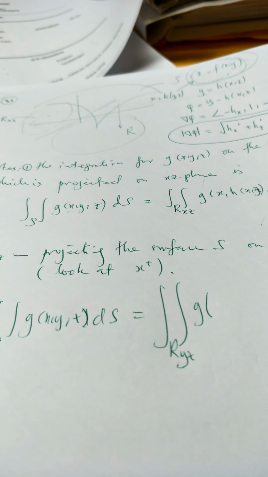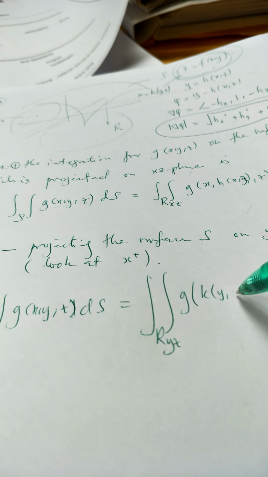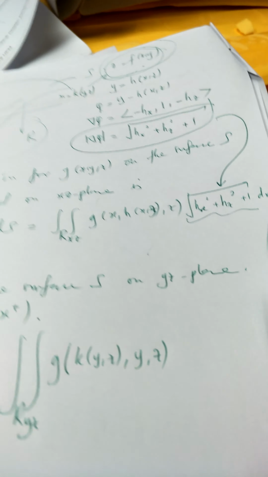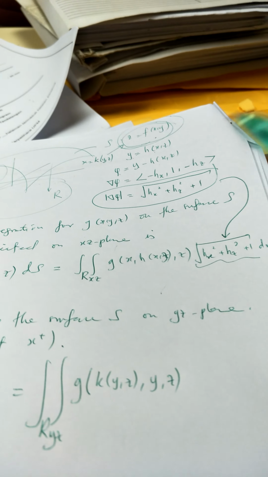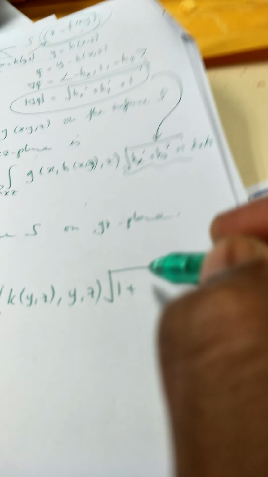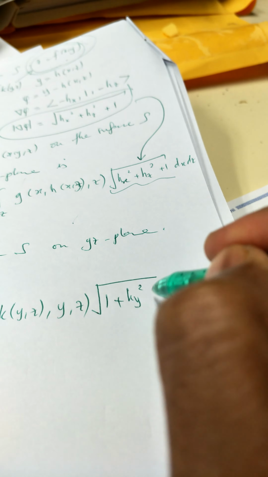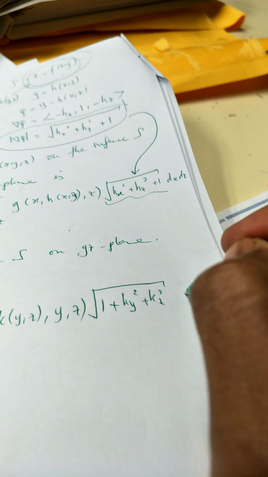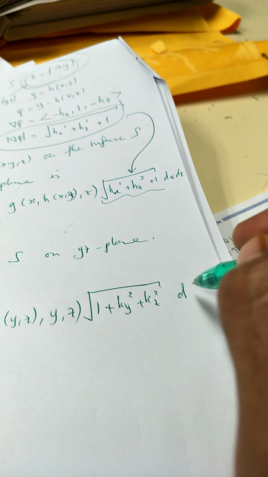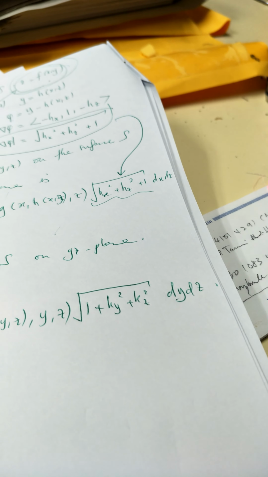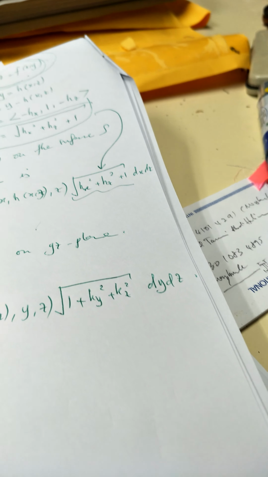So our x is k(y,z), with y and z. The magnitude of the gradient of phi is given as, because the x coefficient is 1, the square root of 1 plus k_y squared plus k_z squared, dy dz.